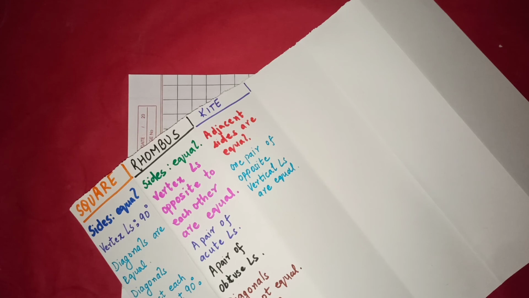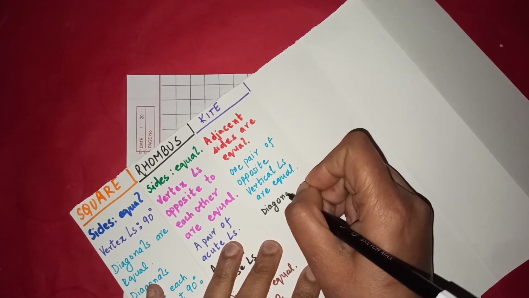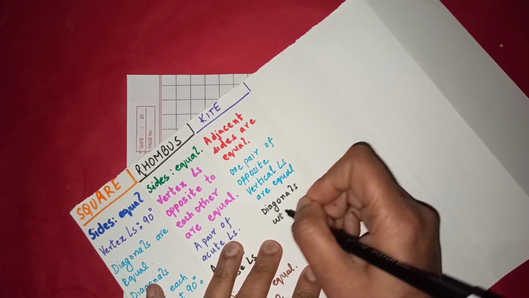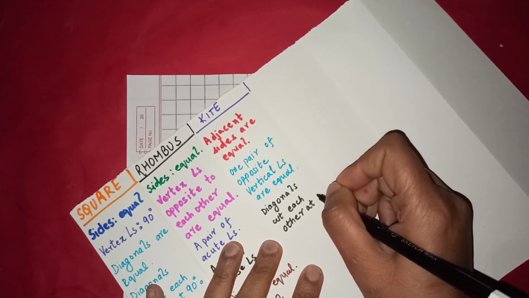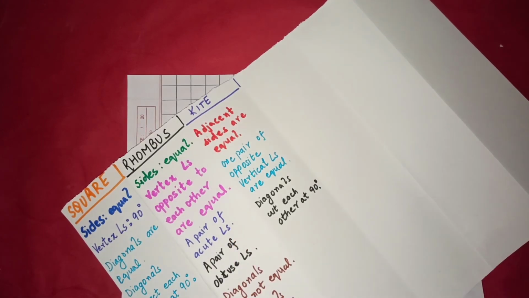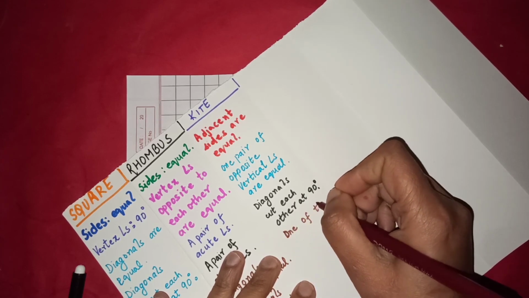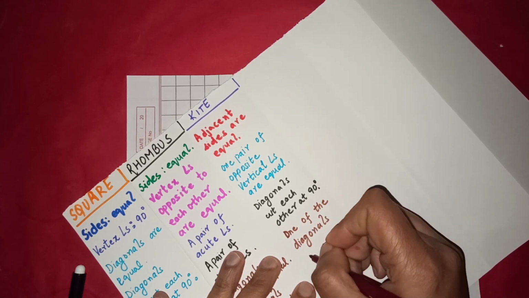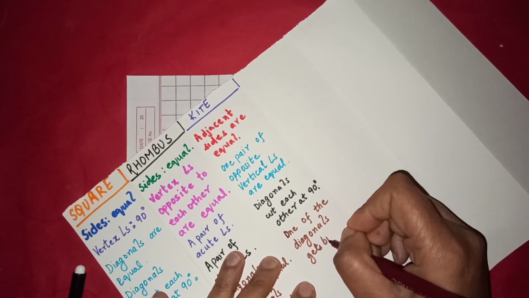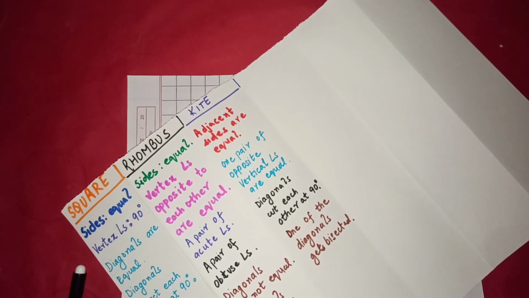So here I am going to write on my foldable that the diagonals cut each other at 90 degrees, and the other condition which is necessary is that one of the diagonals gets bisected. So these were the properties of kite.